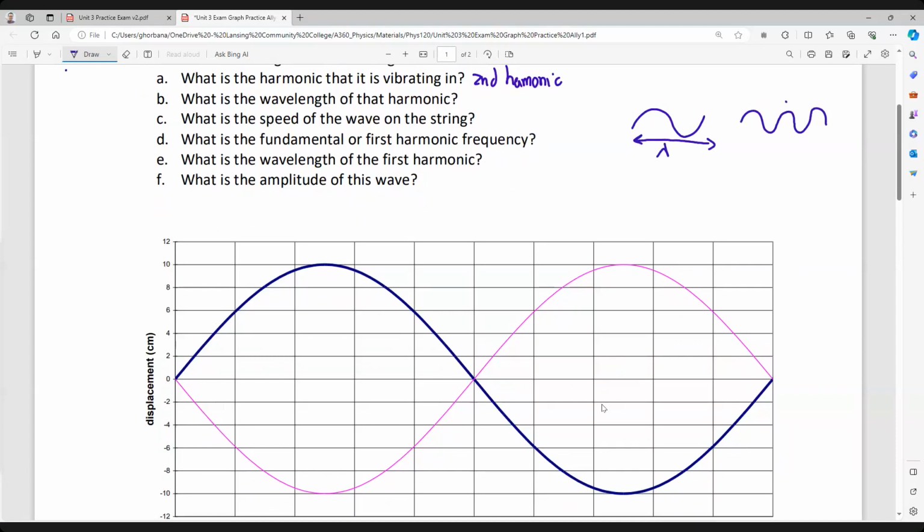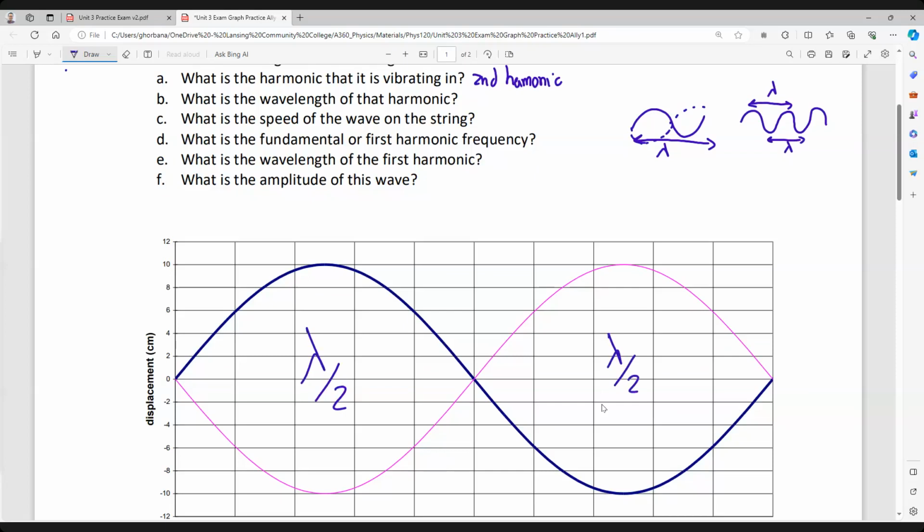The distance between two peaks, or between two troughs, is a lambda. As you can see, each one of these parts is half a lambda, and also this part. It means that each one of these loops is half a lambda.